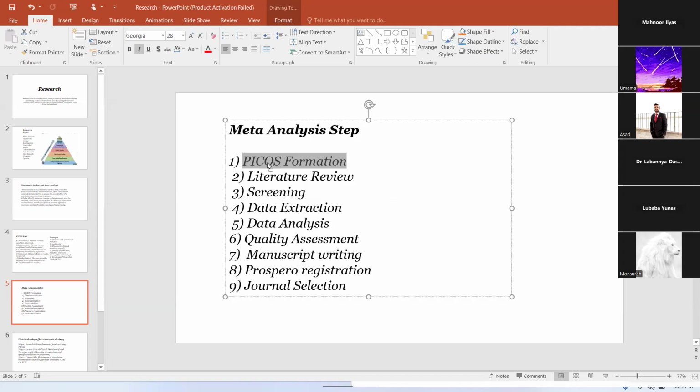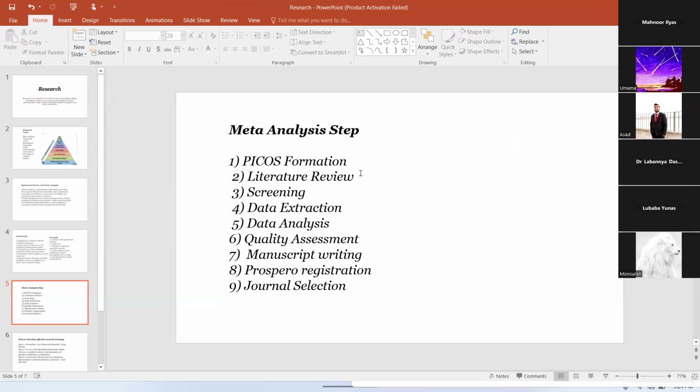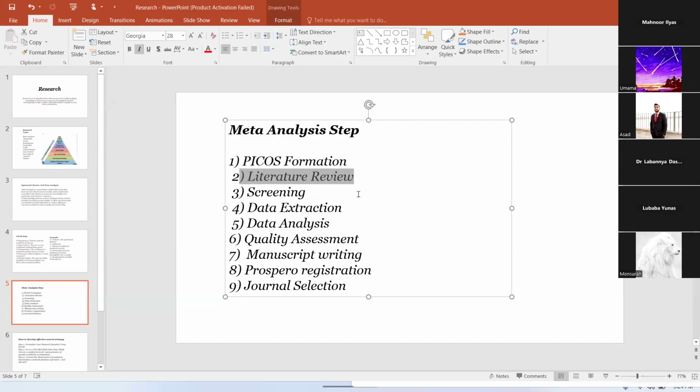The outcome is not important in the very first step, once you are deciding the topic. It will be important in the next steps, but you have to see your patient population, your intervention, your control, and your study design. Once you form your PICO, the next thing is literature review. You have to search the literature.